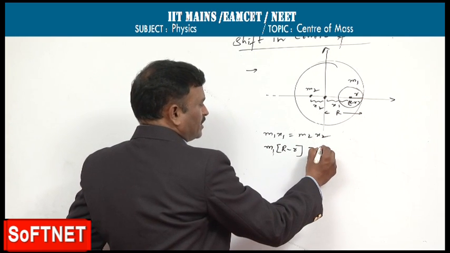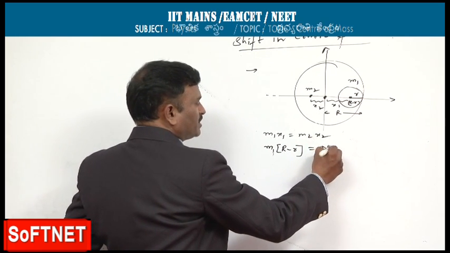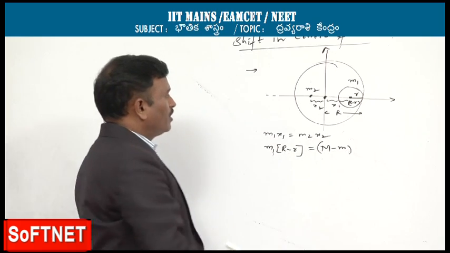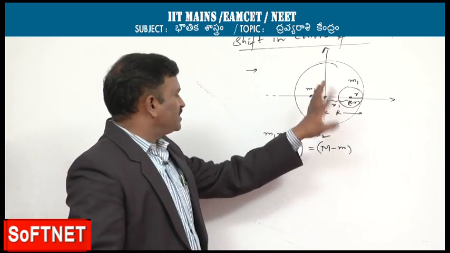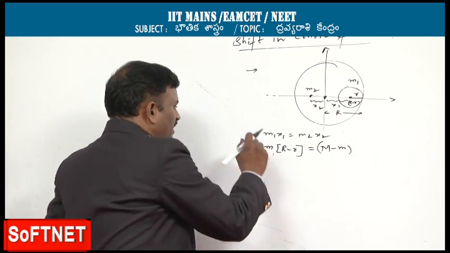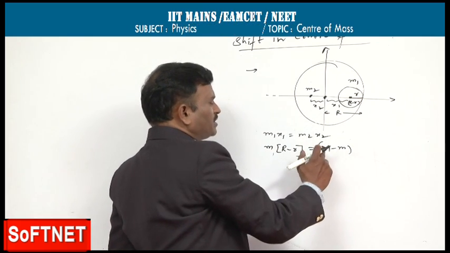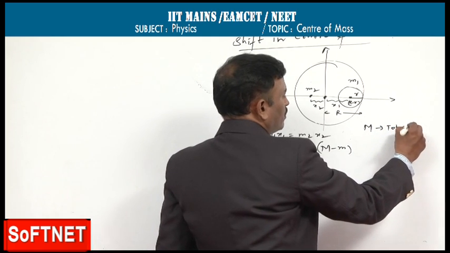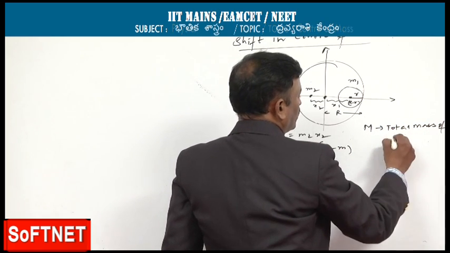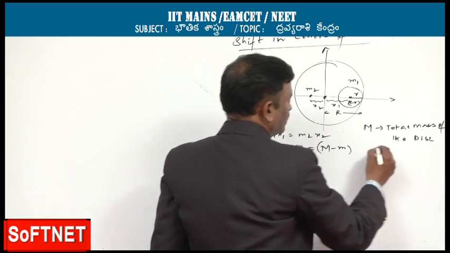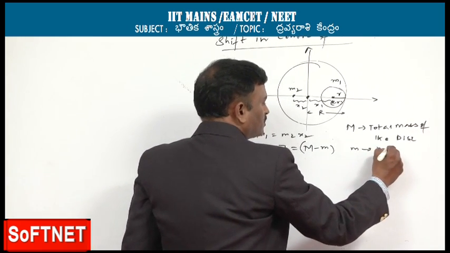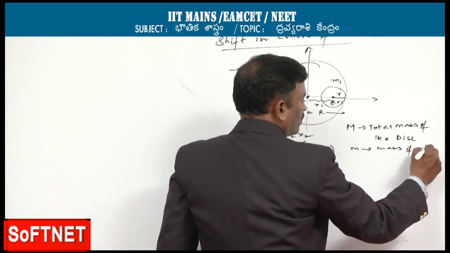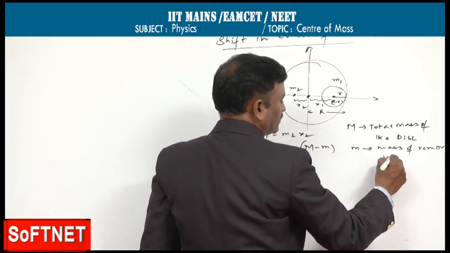m2 is the remaining mass, which is capital M minus small m. m1 is small m. Small m mass is removed, and the remaining mass is capital M minus small m. Here capital M is the total mass of the disk, and small m is the mass of the removed disk portion.